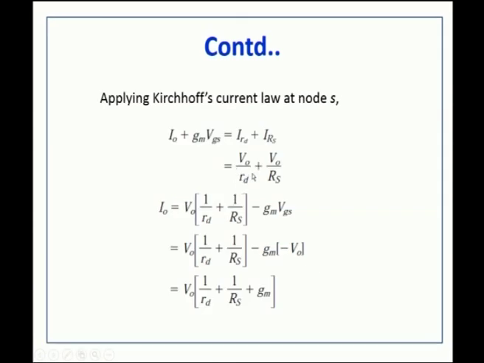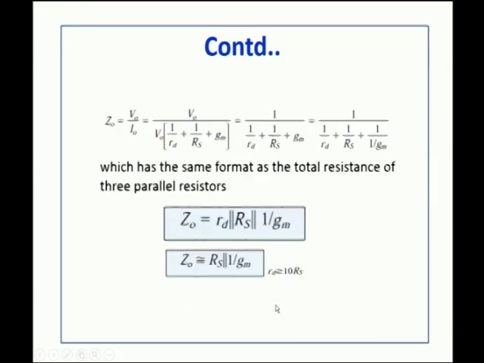So, it is given in terms of voltage and resistance here, and now IO equals, you take this VO out. So, you will have this equation, and bring this term to the right hand side, so you will have a negative sign. Rearrange this, and you have the equation IO equal to VO of 1 by RD plus 1 by RS plus GM.